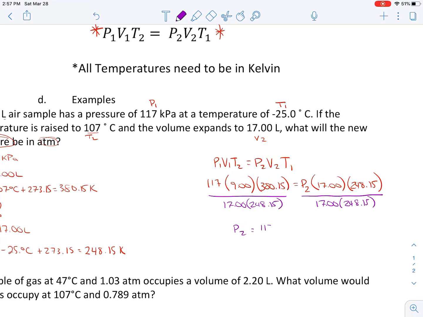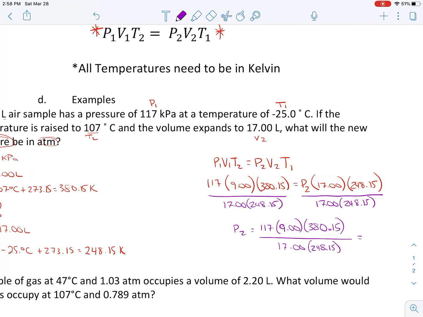So we're going to take 117 times 9 times 380.15, and we're going to divide by 17 times 248.15. And this will be our answer in pressure, but it'll be kPa, so we're going to have to do a little extra work.